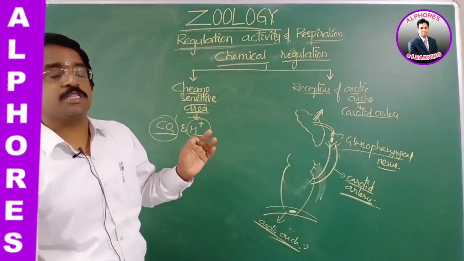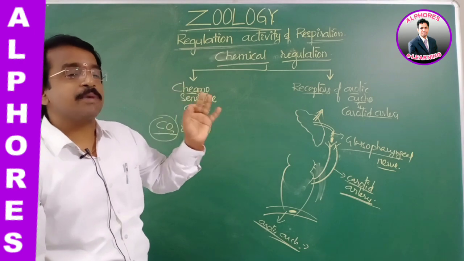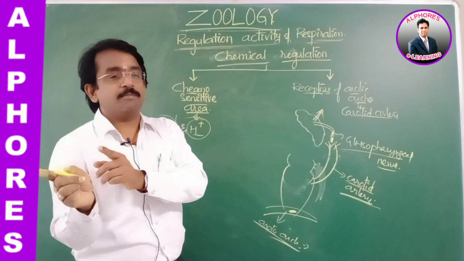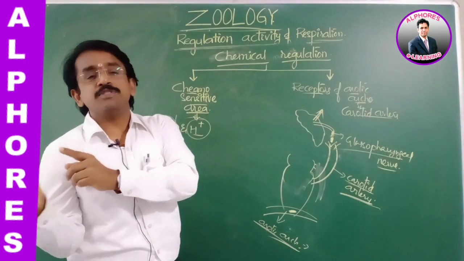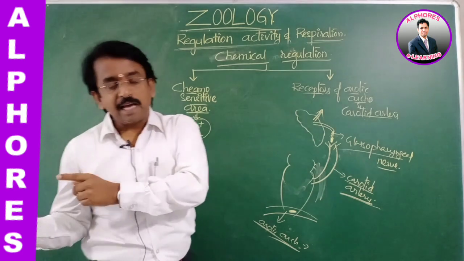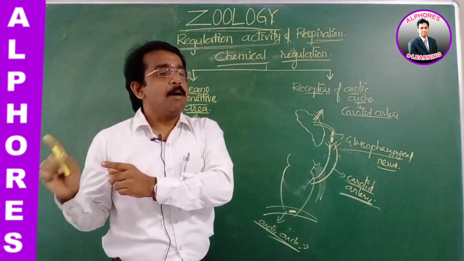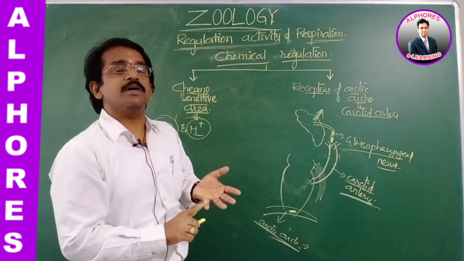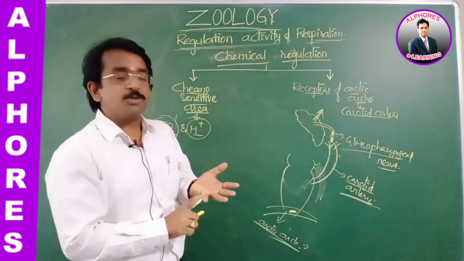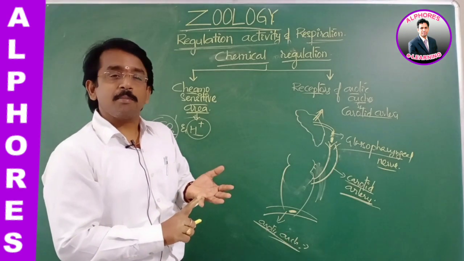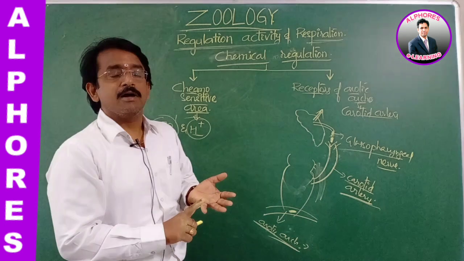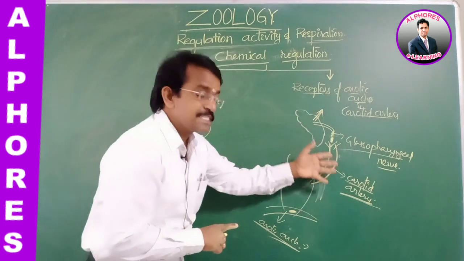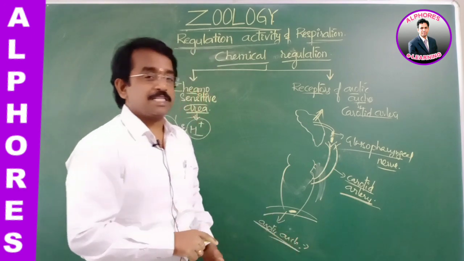Generally aortic arch means the left systemic aortic arch, which branches and forms the aorta, and that supplies the blood to the different parts. Either to the kidneys by the renal artery, then to the testes by spermatic, ovarian, abdominal, iliac. Likewise, it is supplying to different parts.